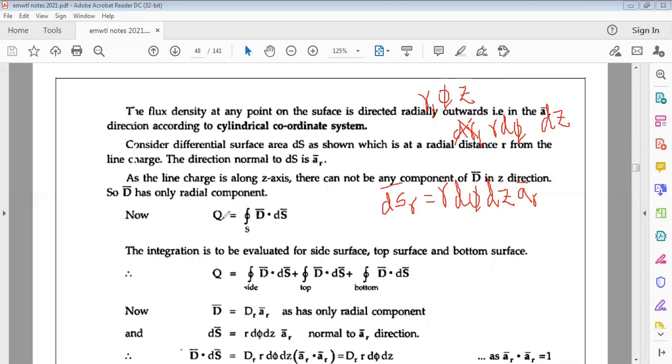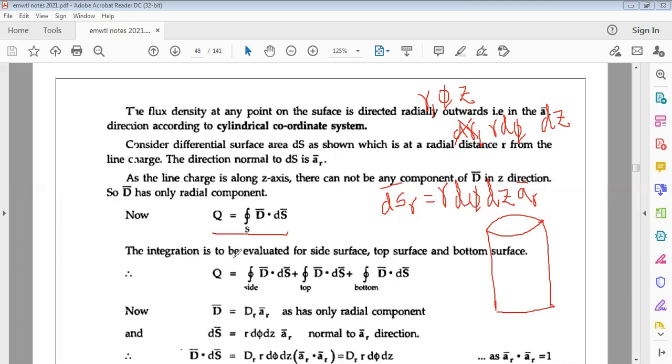Now we derive the infinite line charge field by using Gauss law. What does Gauss law say? That Q is equal to the integral of D bar dot ds bar. Following, my students, this cylinder has a top, side, and bottom.